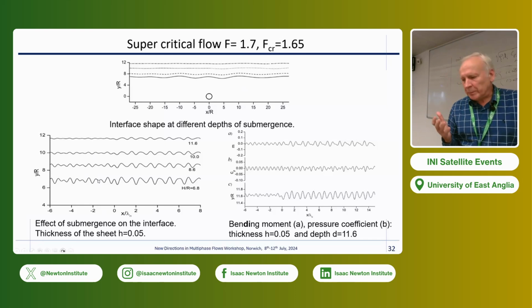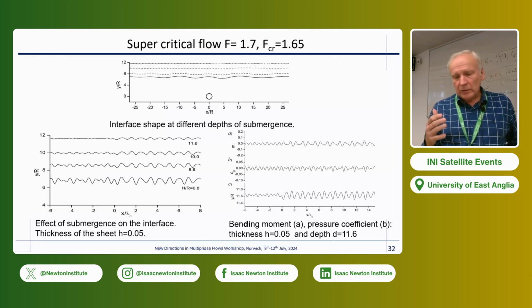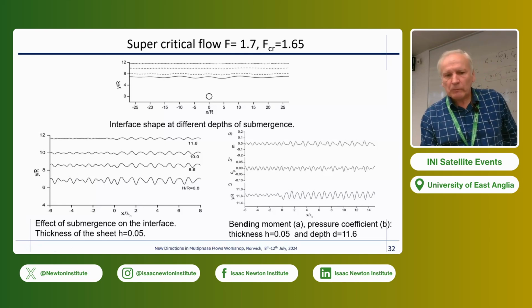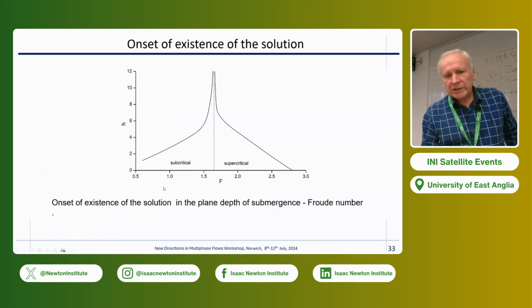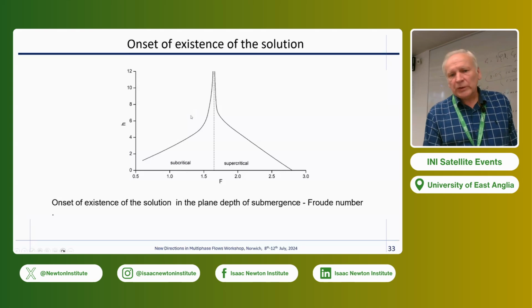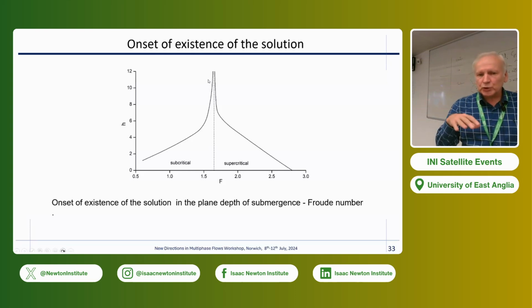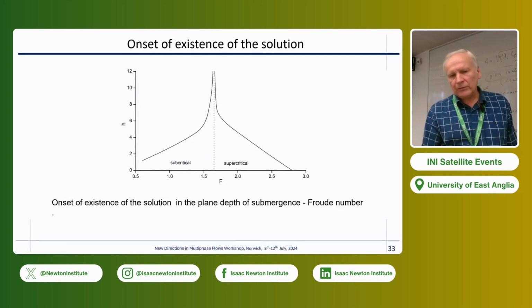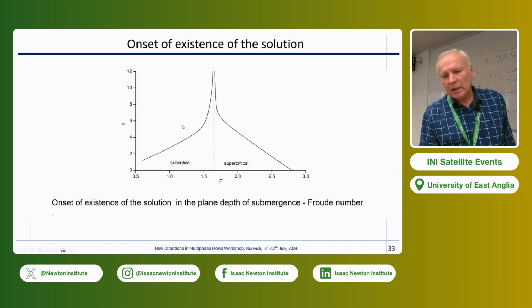It's due to the superposition of two waves whose lengths are close to each other. So this is again the existence of solution when we approach the critical Froude number. The depth of the submergence should be larger and larger, far from the interface.